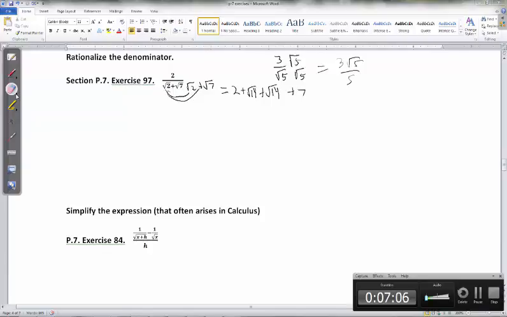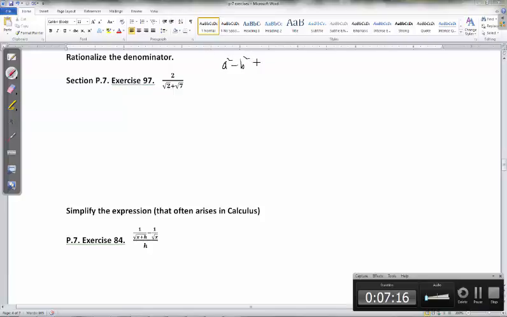Now what I need to take advantage of is this old factoring or multiplication formula. A squared minus b squared is a plus b times a minus b. If both roots get squared, the roots will go away.